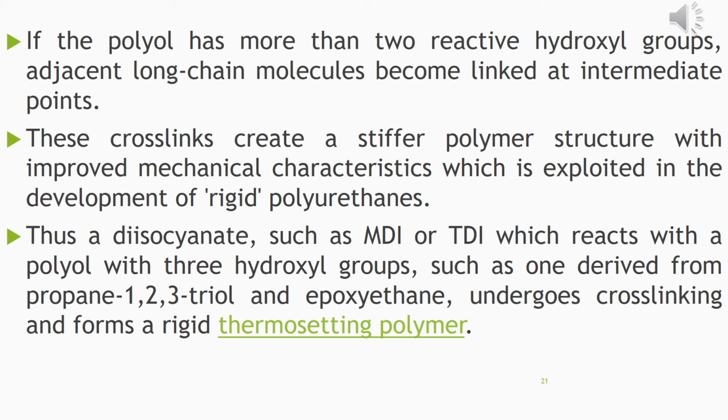So the diisocyanates such as MDI or TDI, when they react with a polyol with 3 hydroxyl groups, such as one derived from propane-1,2,3-triol (glycerol) and epoxyethane, that polyol has 3 hydroxyl groups. So they will undergo cross-linking to form a rigid thermosetting polymer. So a thermosetting or rigid polymer will be produced.